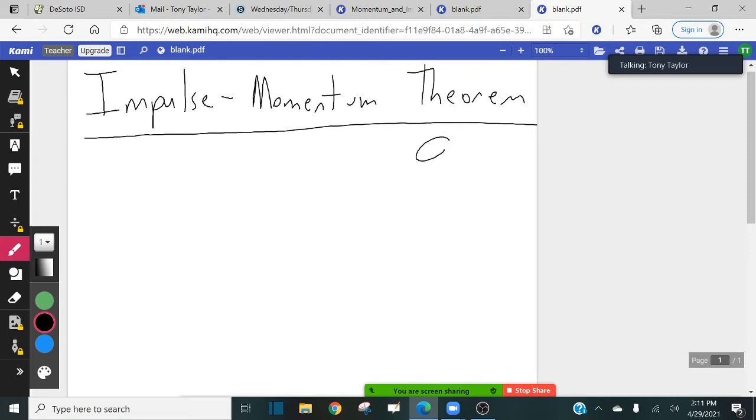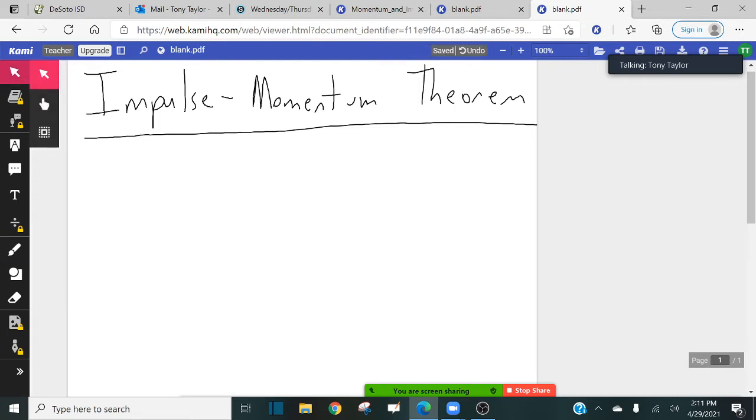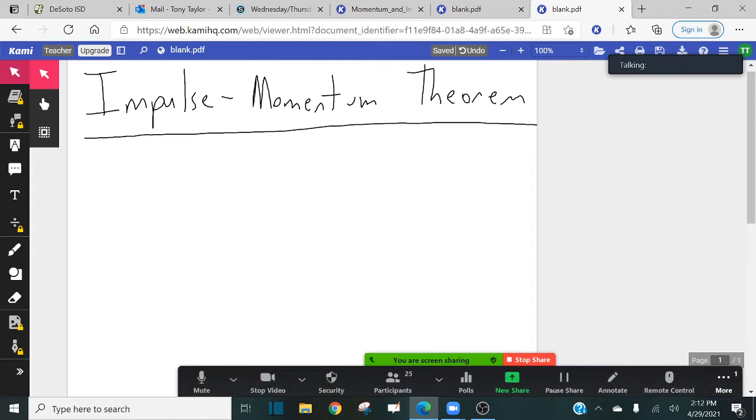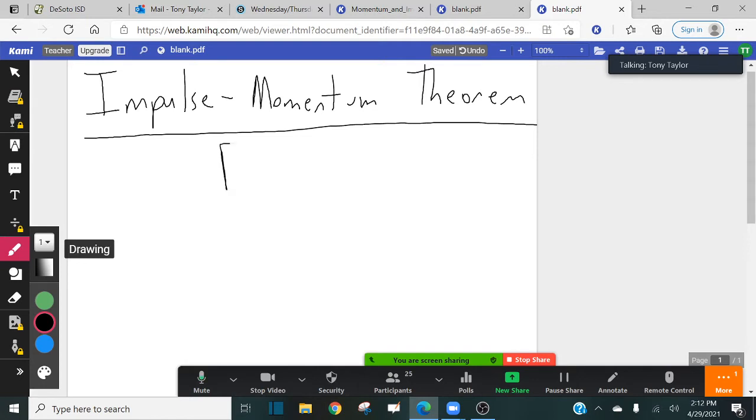In the chat box, can someone tell me what Newton's second law is? Force is equal to what? I expect y'all to know this. What is Newton's second law? Everyone. Yes, thank you, Nelly. Force equals mass times acceleration. Guys, if y'all don't remember any equation from my class, do remember this equation.